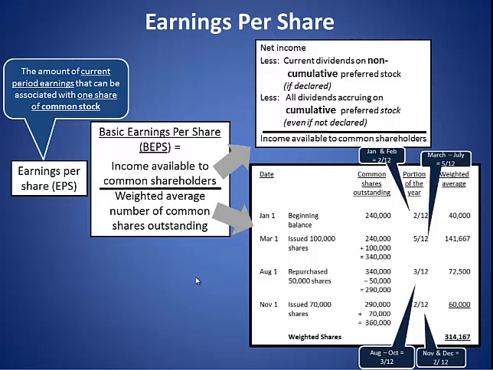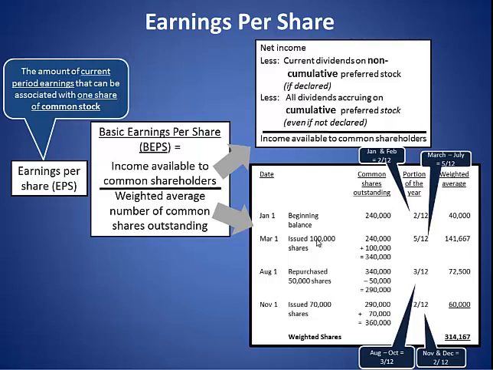The next area then is the denominator, and basically we use the weighted average number of common shares outstanding. And the calculation actually is fairly simple because it does deal with the weighted average between stock transactions between the company and the open market. Let's take a look at January the 1st. The beginning balance, the number of common shares outstanding, is 240,000 shares.